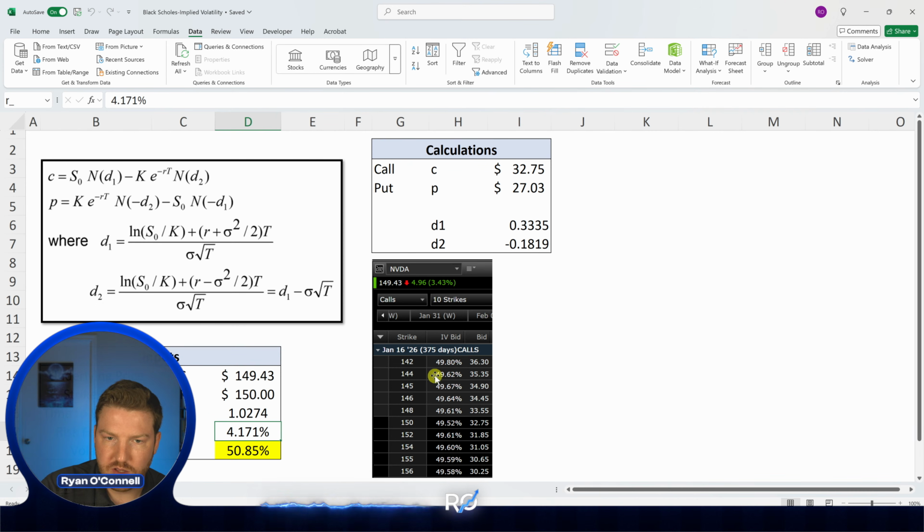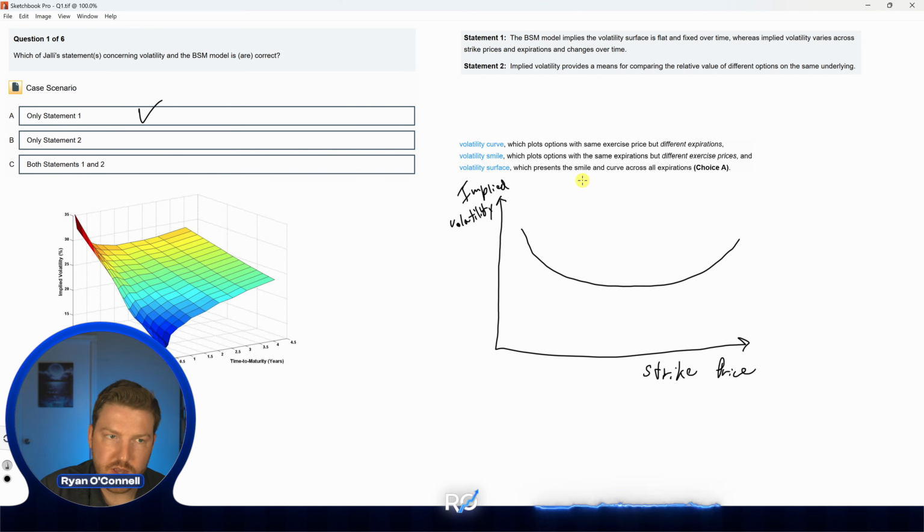Everything else is held the same other than the strike price. That's how we can compare the prices; a big part of it is how the implied volatility deviates. So both of these should be true. It's a little bit complicated, and we'll go with both statements.